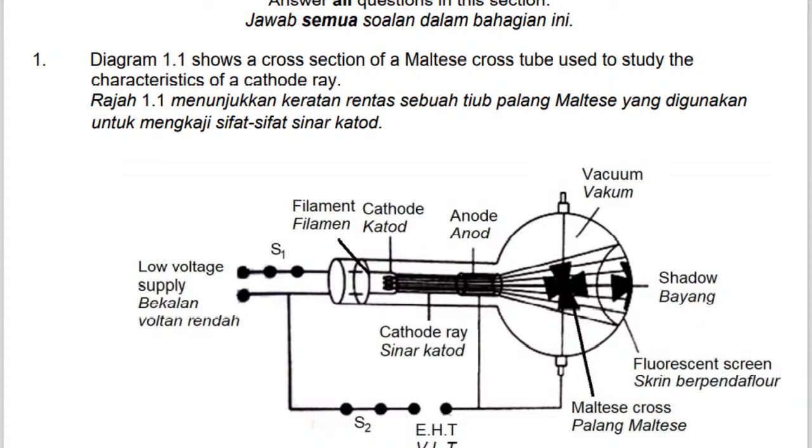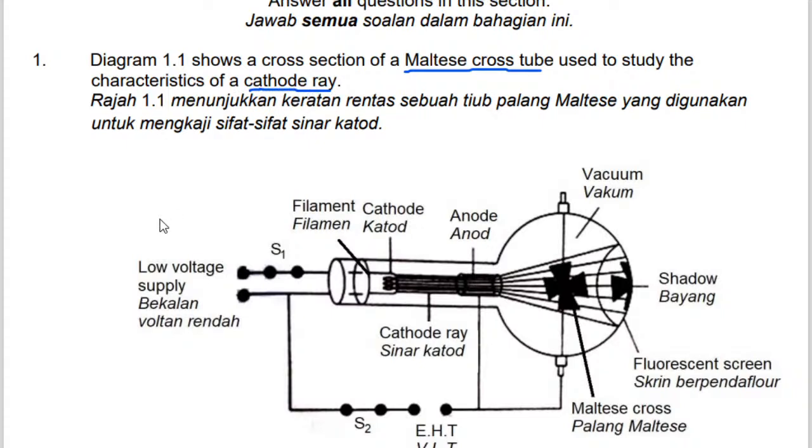When you answer the question, make it a habit to underline the keyword, so that the second time you read, what you underline will be more obvious. Diagram 1 shows a cross-section of a Maltese cross tube. The Maltese cross tube is used to study the characteristic of the cathode ray.